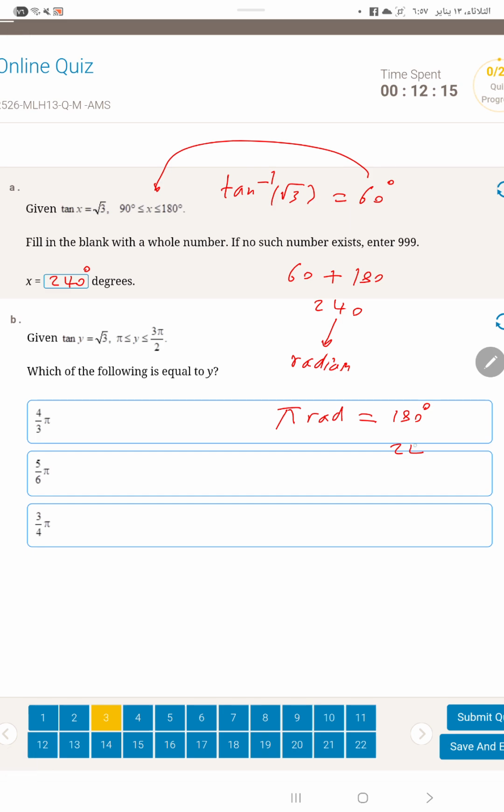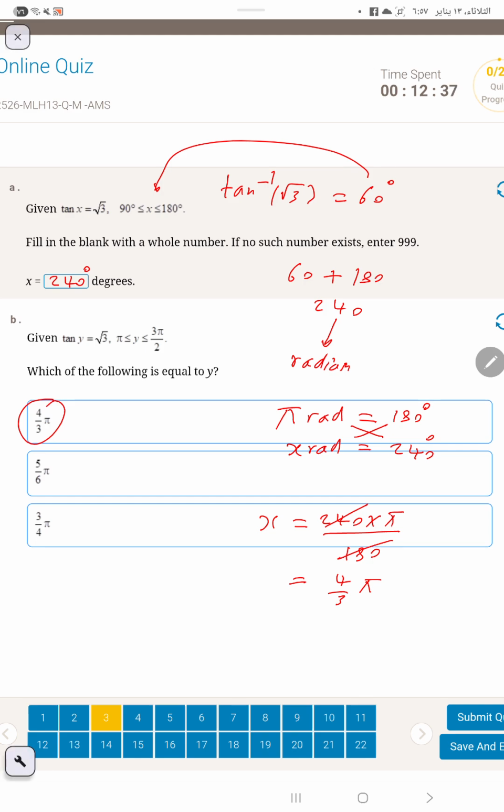So if I have 240 degrees, this will be x radian. To find x now we do cross multiplication. So x is equal to 240 times pi divided by 180. And if you simplify 240 and 180, you get 4 over 3 pi. So option number 1 is the correct answer.